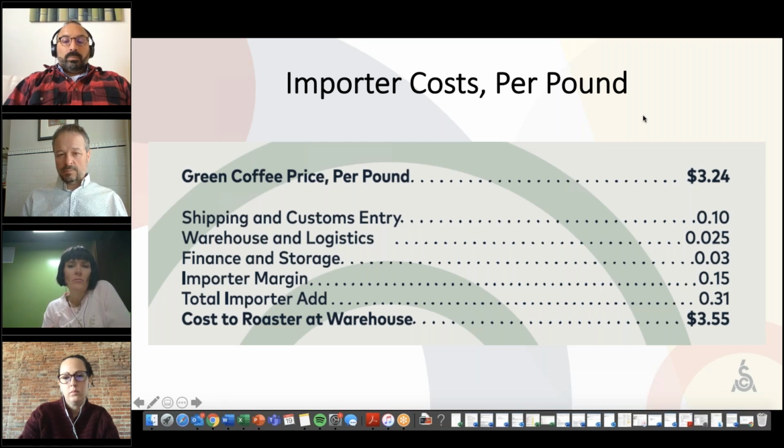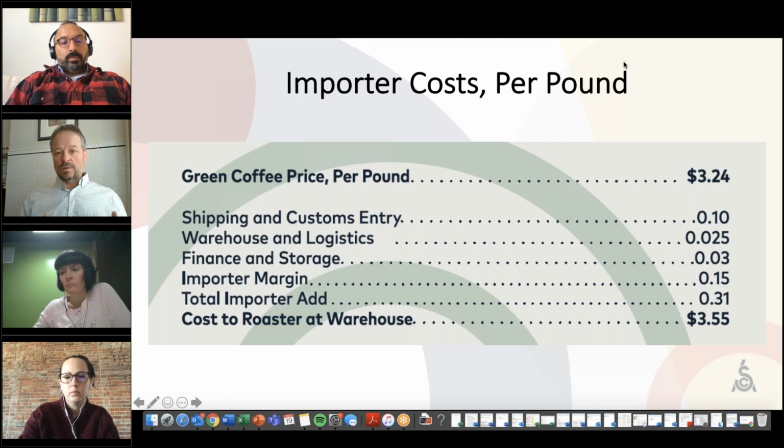Coffee operates best when you build collaborative relationships versus adversarial ones. And as an importer, we're always in the position of being the intermediary or the middleman.